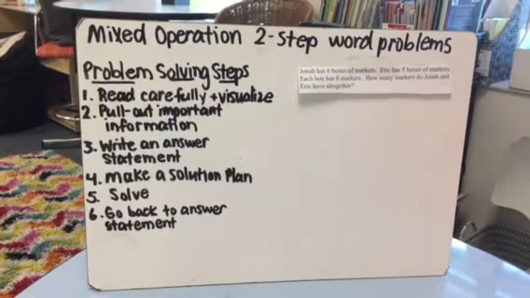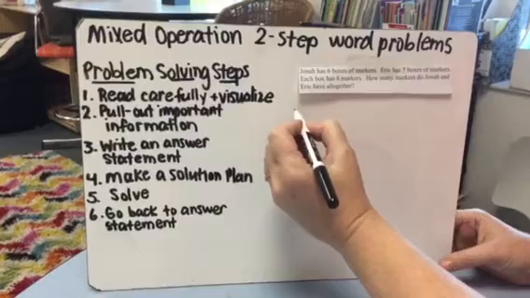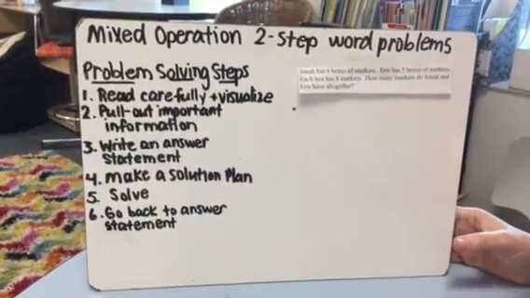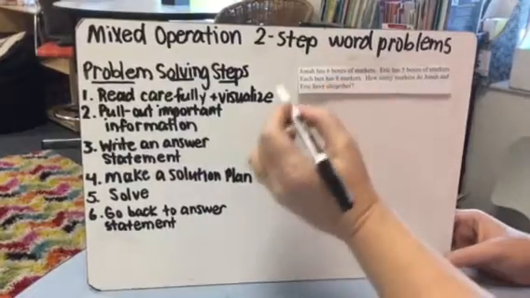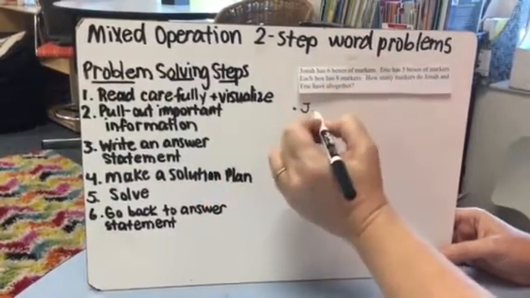Step 2, pull out important information. What this means is we read the problem again, and then we are going to jot quick notes for ourselves of important information, important numbers that we think are going to help us solve the problem. So I see that Jonah has 6 boxes, and these notes can be quick. I could do J for Jonah.